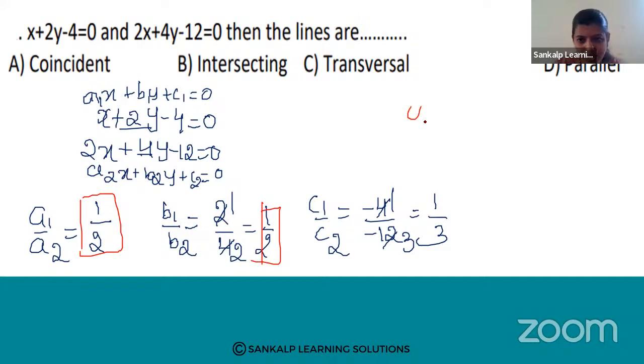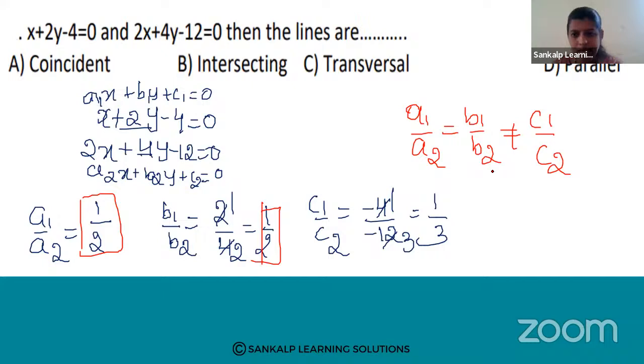That means we got the result a1 divided by a2 is equal to b1 divided by b2, but it is not equal to c1 divided by c2, because c1 divided by c2 is 1 divided by 3. If you get this result, which type of lines will you get? The lines are parallel.